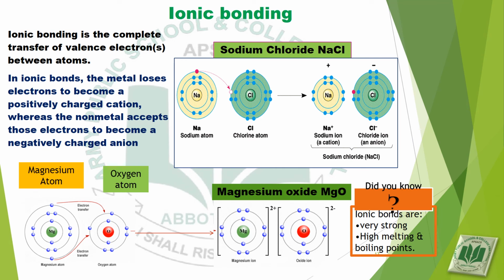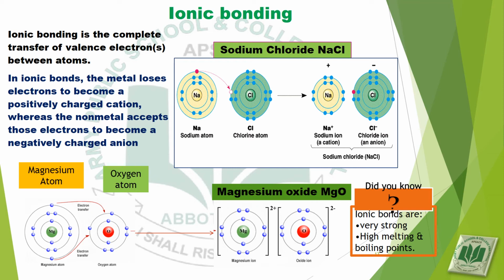Ionic bonding is the complete transfer of valence electrons between atoms. In ionic bonds, the metal loses electrons to become a positively charged cation, whereas the non-metal accepts those electrons to become a negatively charged anion.